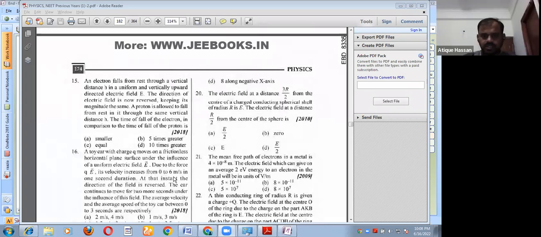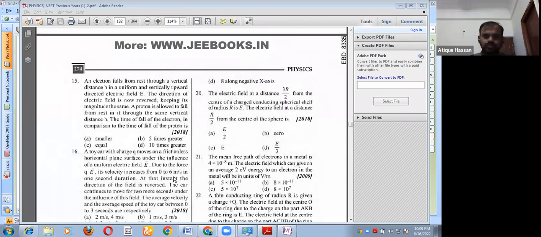Actually, this question is a trap. They have given the electric field at a distance 3r by 2 from the center as E. This is a trap for students.